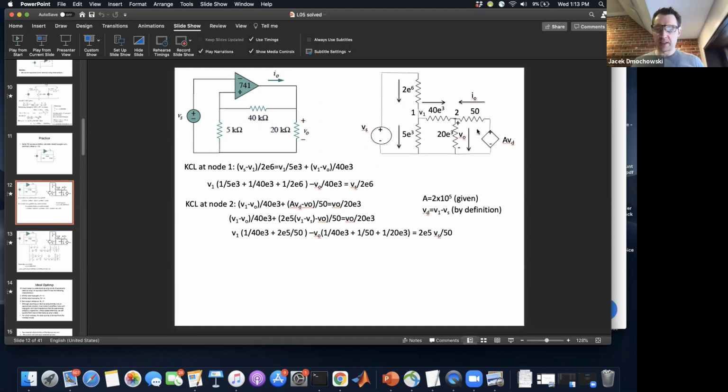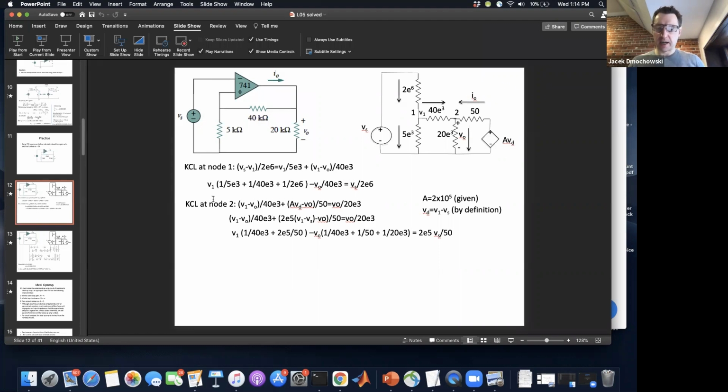But all you need to know, even once we make this ideal op-amp assumption, which we're about to make, is that you don't even explicitly model this. We're going to assume in just a moment that A is equal to infinity and that VD is equal to 0. And that's going to make our job a lot simpler.